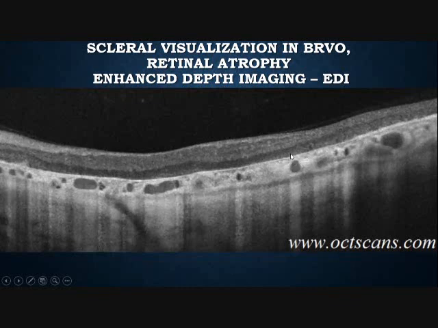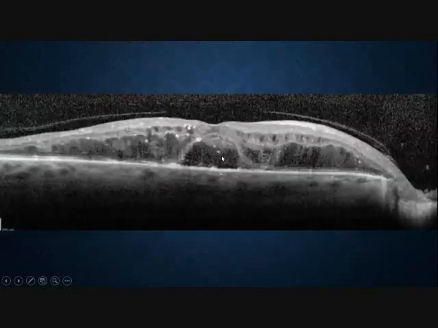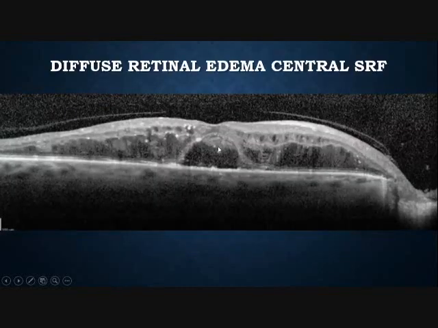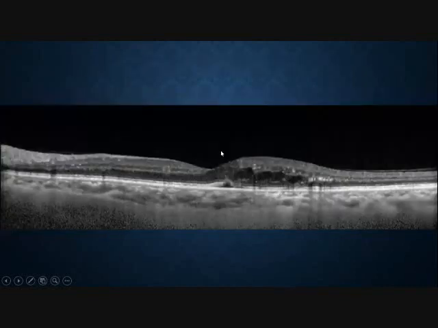This is the choroid, and choroid is very prominent in EDI mode, but you can see there is loss of the retinal layers and retinal pigment epithelium. Again, fluid filled cavities and diffuse retinal edema, subretinal fluid, and the serous elevation of the retina.